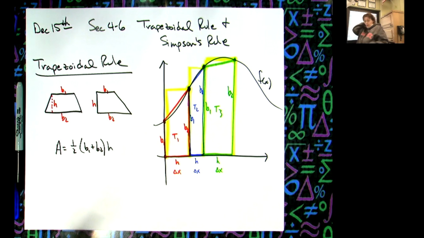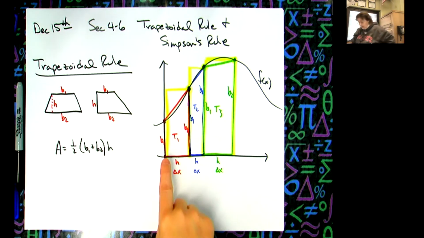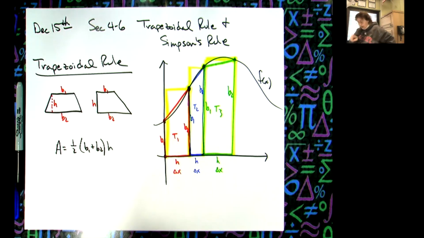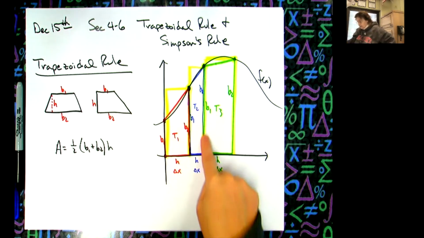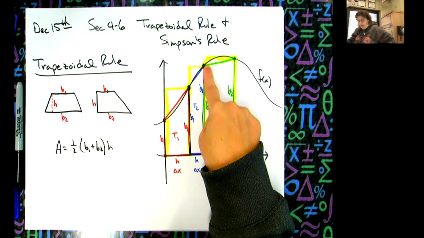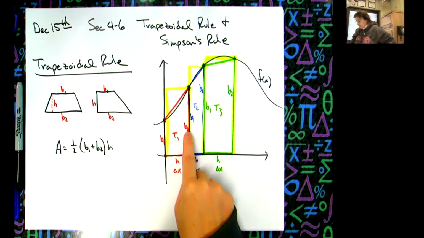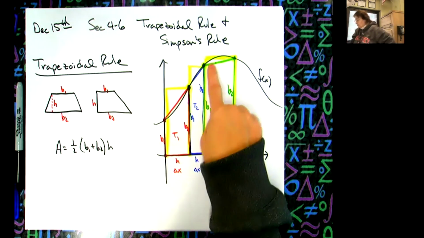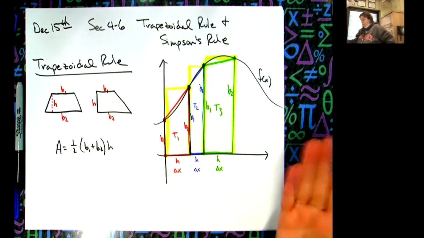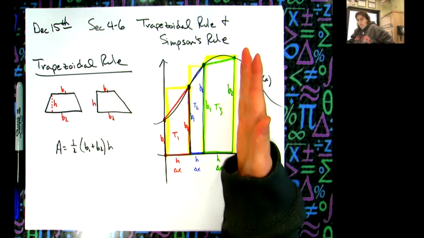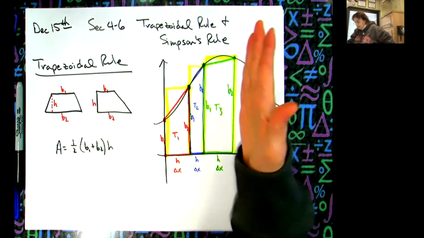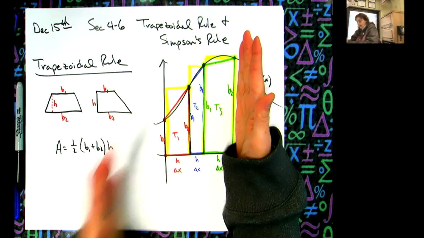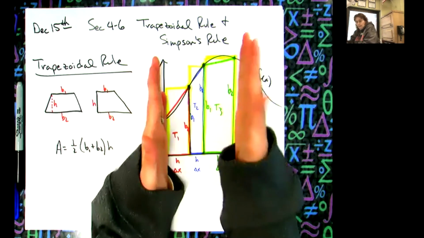Okay, so what can we conclude from this? This first height is used 1 time. All of the inside heights are going to be used 2 times because this height is used for the first trapezoid and the second one. This height is used for the second one and the third one. And then when we finally get to the last trapezoid, this one again is only used 1 time.